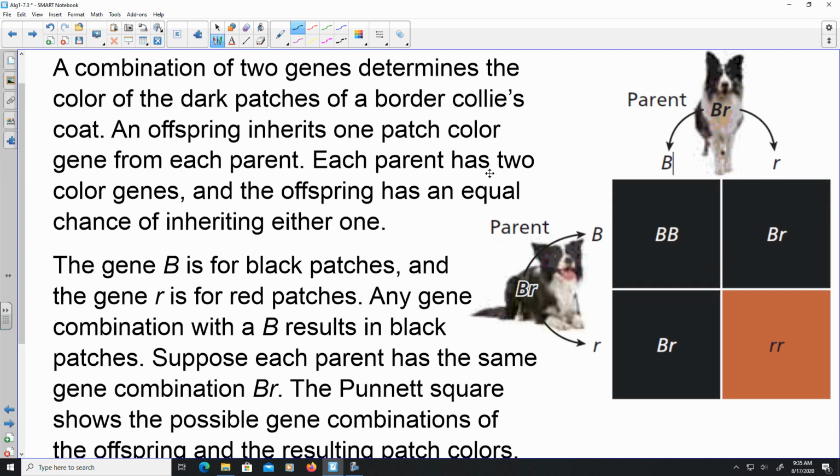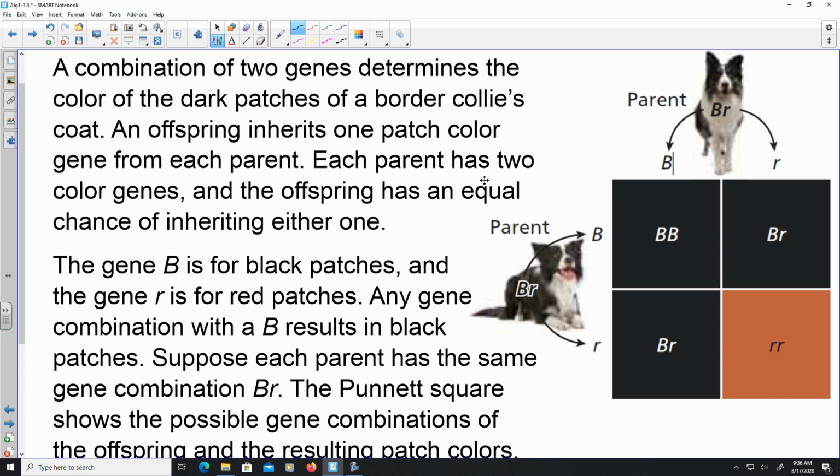All right, so we have this story problem here. It says a combination of two genes determines the color of the dark patches of a border collie's coat. An offspring inherits one patch color gene from each parent.